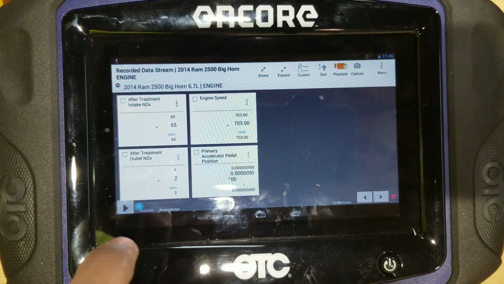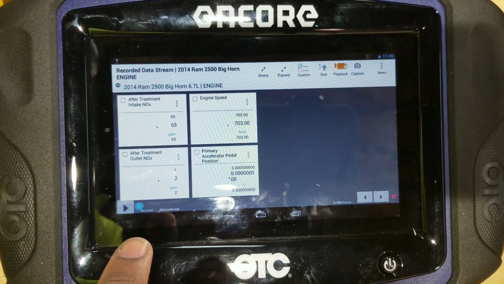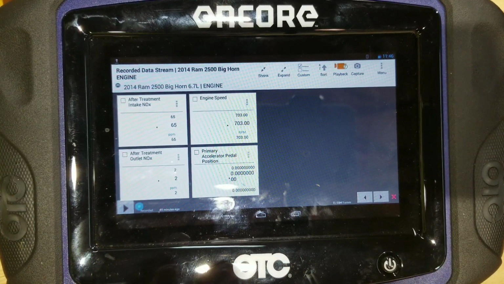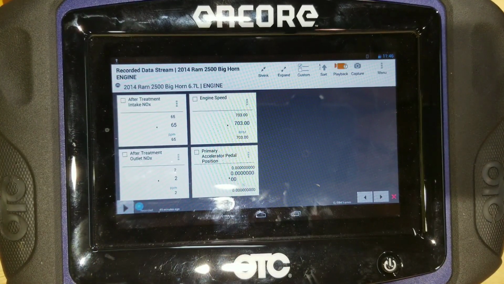Just to give you a better idea of what's going on, the sensors do not start showing any real data until they warm up, kind of like the O2 sensors in a gas-powered car. So I didn't really see any data until I got a few miles down the road, but at least both sensors were operating instead of one sensor, whereas with the other one I drove several miles and nothing happened on the second sensor.